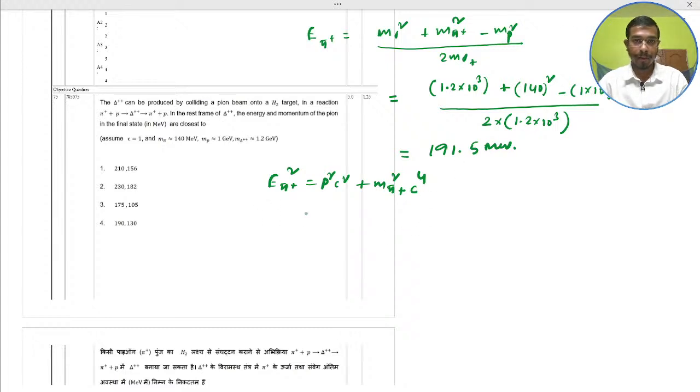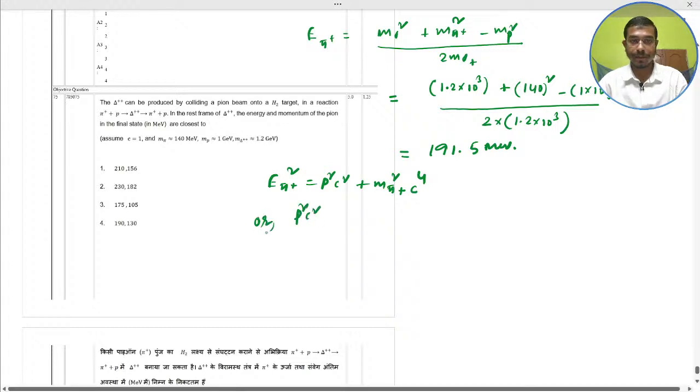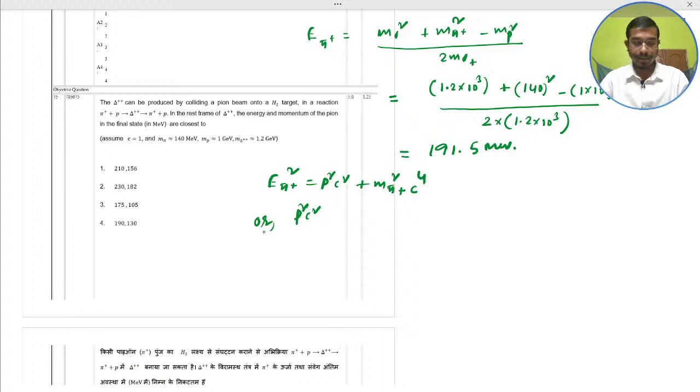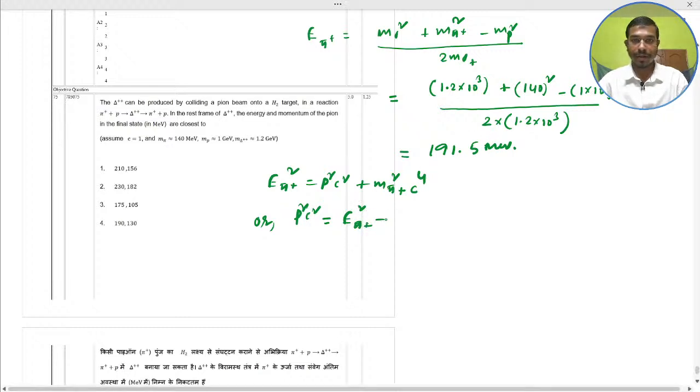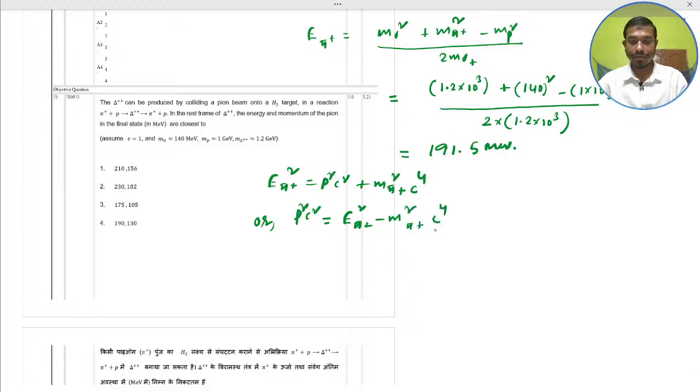So rearrange, and you would get P square C square equal to E pi positive square minus m pi positive square C to the power 4. Put all these values, and you would get the P square C square value as 17072.25.